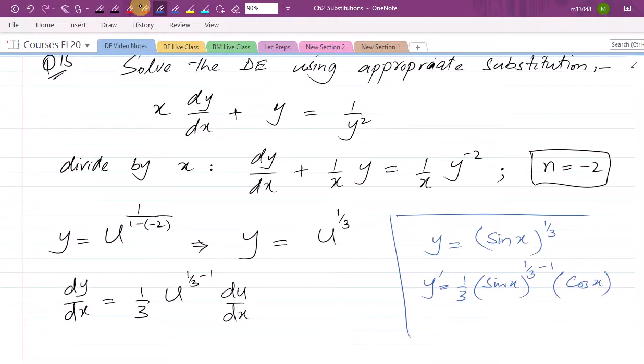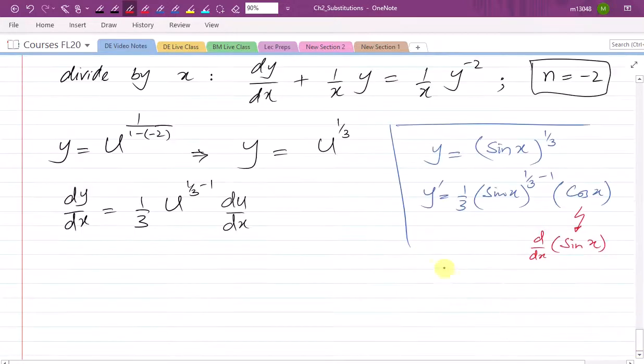What is cosine x here? Cosine x is the derivative of sine x. Is that right? That is why we write du/dx, because u is a function of x, although it is unknown, so we must write the derivative of u, completing the chain rule.